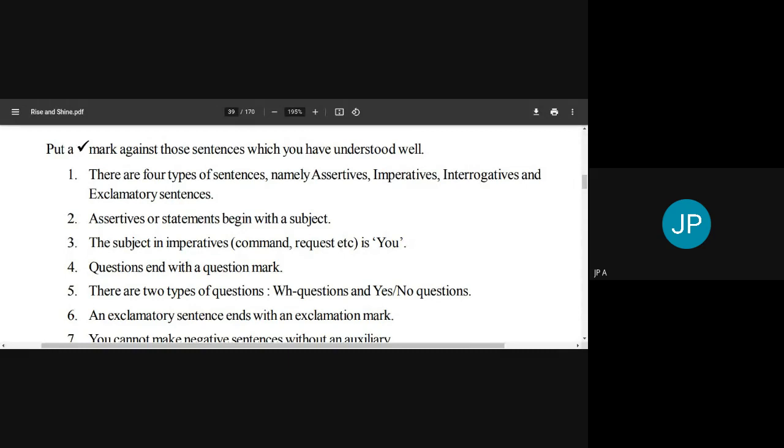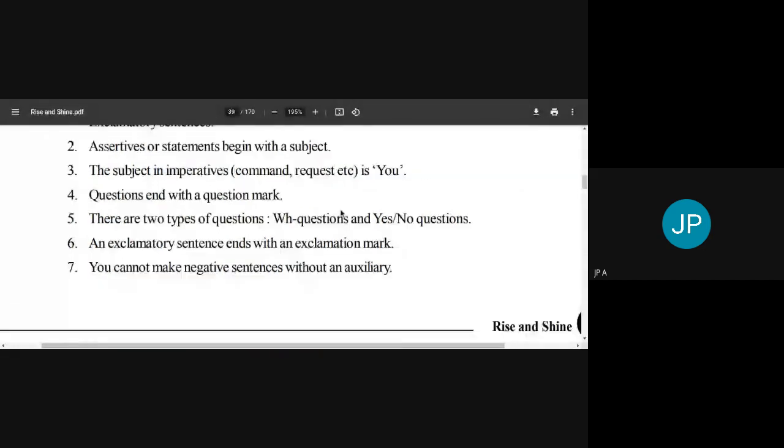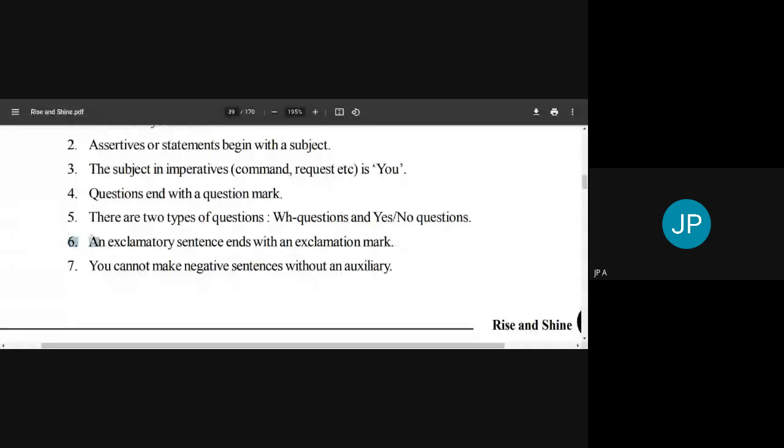We also learned that questions end with a question mark, whereas an exclamatory sentence ends with an exclamation mark. An exclamatory sentence is a sentence which indicates sudden feelings or emotions of happiness, sadness, sorrow, wonder, of success.